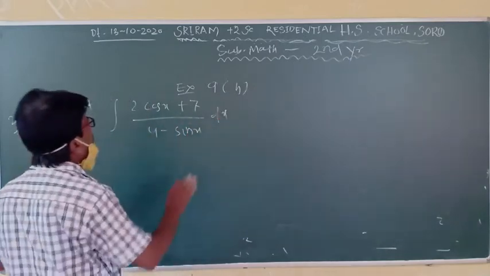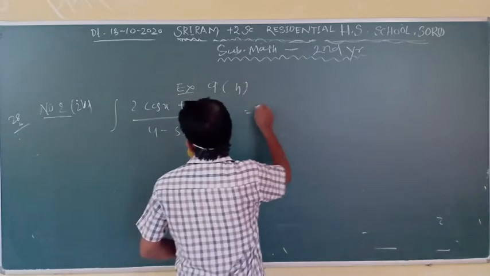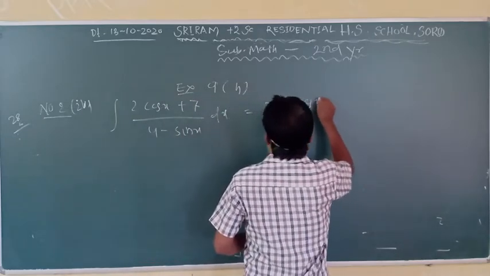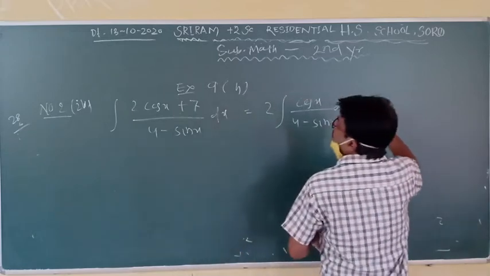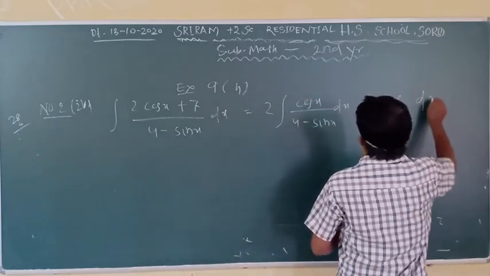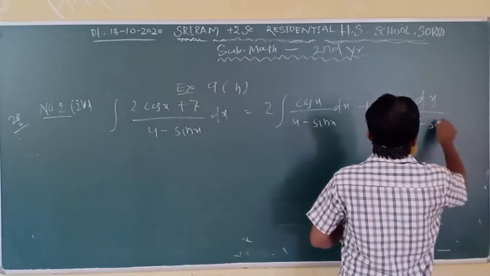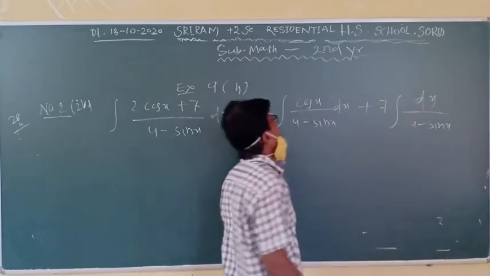Just factorize this problem in this way: taking 2 outside, cos x divided by 4 minus sin x dx, plus 7 taking outside, dx by 4 minus sin x. You look at this process.